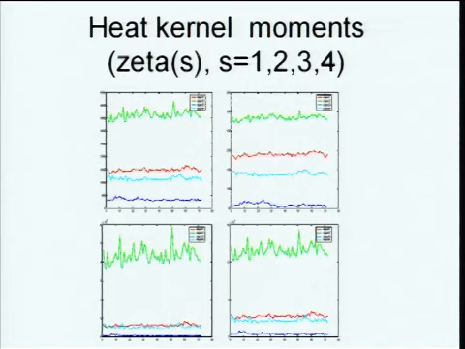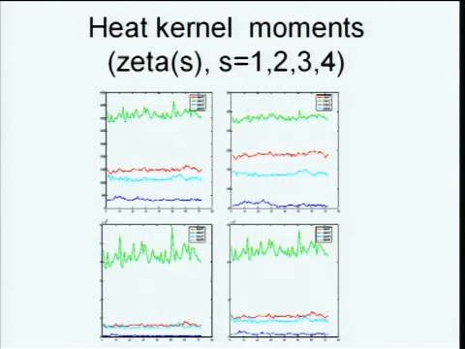The x-axis corresponds to the 72 different views of the different objects, and the different horizontal lines correspond to the value of the zeta function for argument 1, 2, 3, and 4 for those 72 different views. And what you notice is that the zeta functions for the different graphs are pretty well separated if I take just a single value of s.